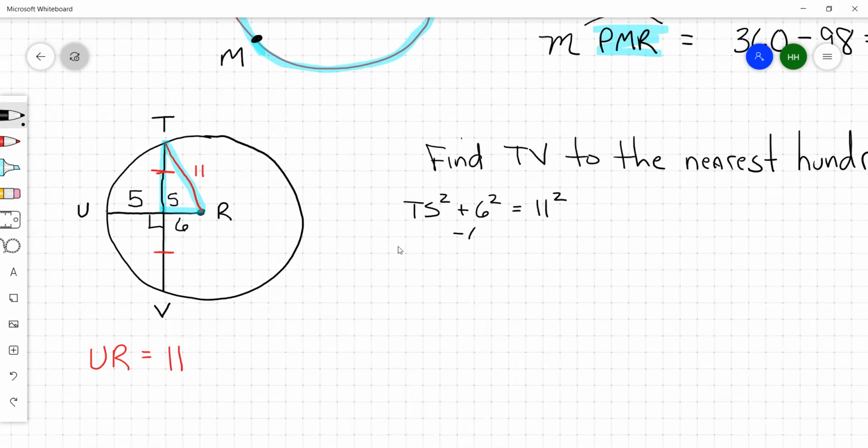So if you subtract 6 squared from each side, then TS squared equals 85. And you can find the square root of each side. So the square root of TS squared is TS, and the square root of 85 is 9.22.